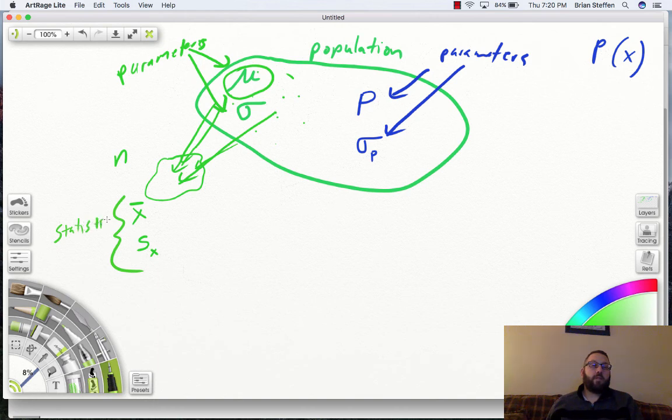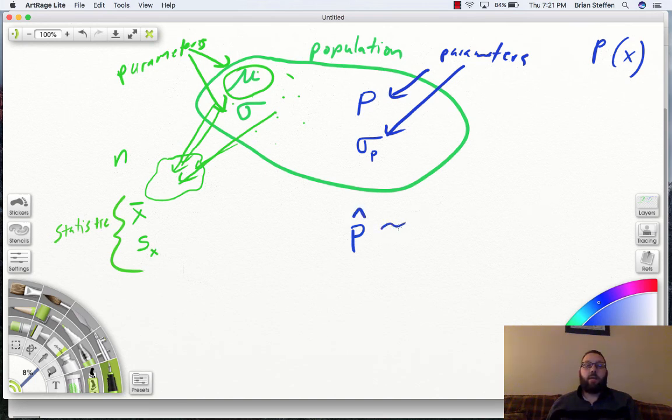A statistic is taken from a sample, and it's, in this case, a calculation. Now, if I were to take a sample of Reese's Pieces and count how many oranges there are, I will get a value based on a sample, and I call that p hat.